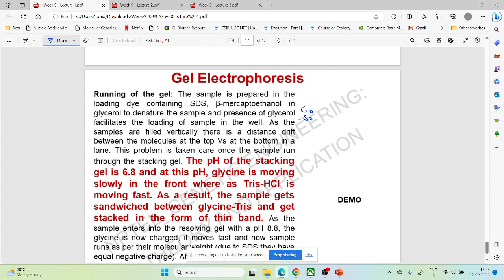But the basic chemistry behind what happens is that, see, first you prepare your samples. Your sample is prepared with the help of loading dye which has your SDS, beta mercaptoethanol and glycerol. What is the difference between the function of SDS and the function of beta mercaptoethanol?